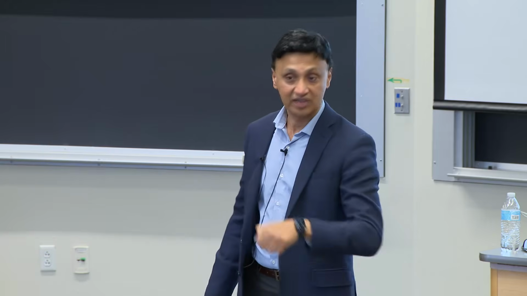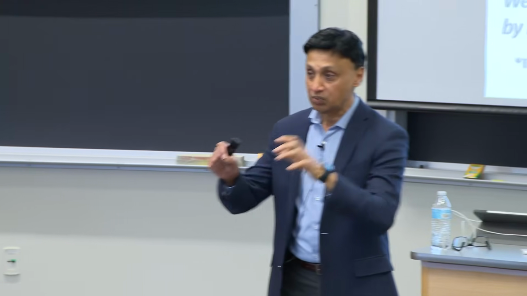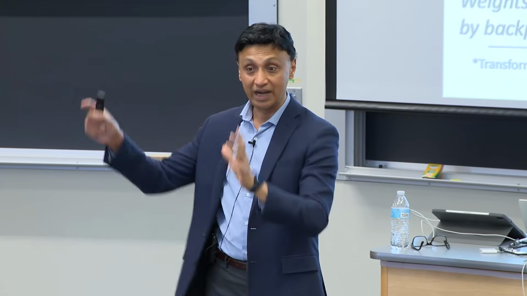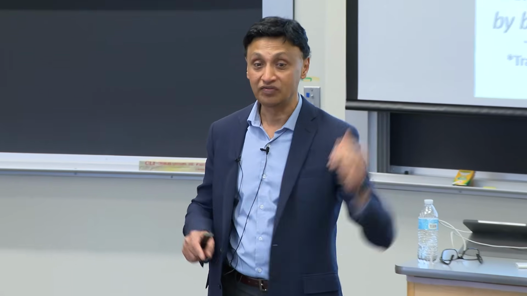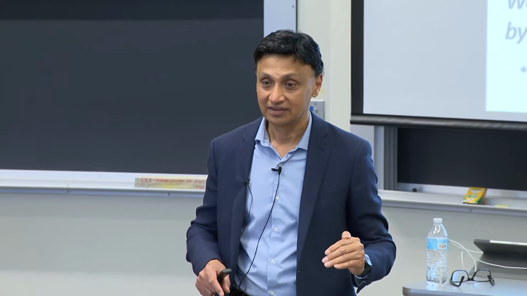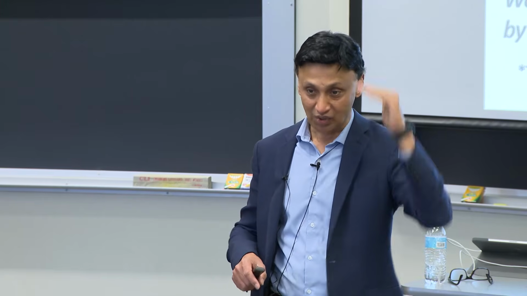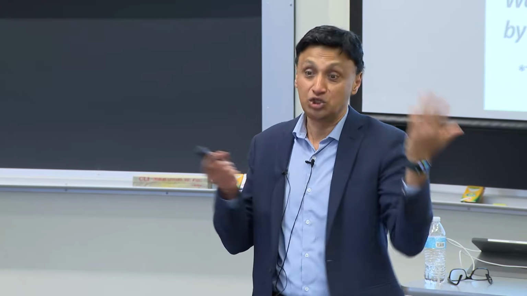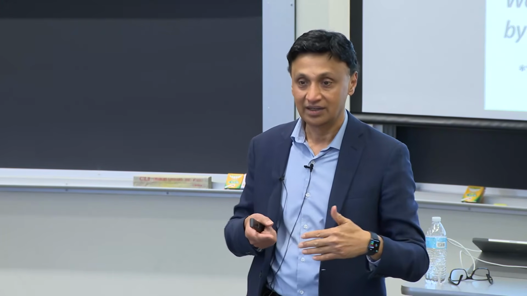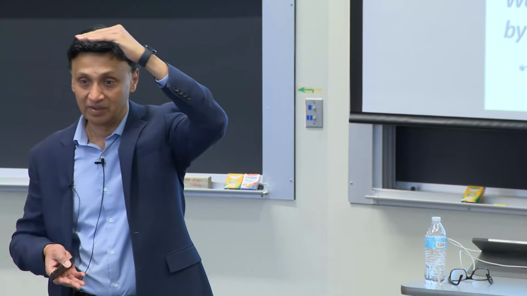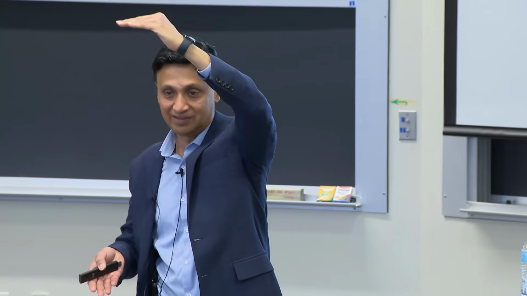And I'm glad you raised that question, Ben, because that's what makes a transformer's number of weights independent of the number of words in your sentence. It only depends on the vocabulary that you're going to work with, because the vocabulary determines how many embeddings you need. The length only matters in terms of the positional embedding, because if you have a 1,000 long sentence, you need a 1,000 long positional embedding matrix.